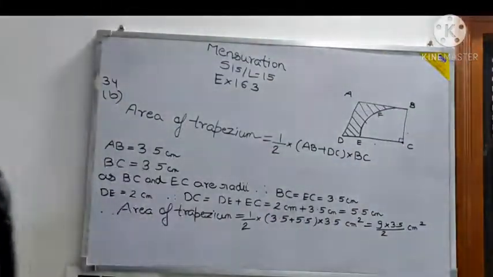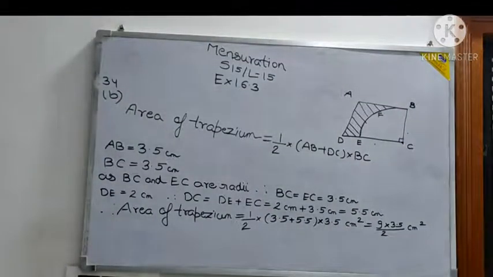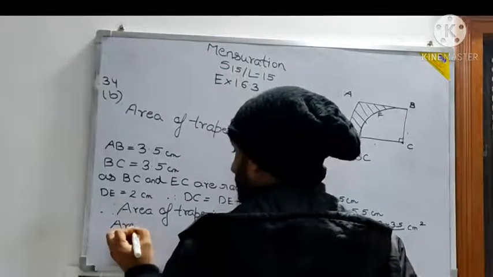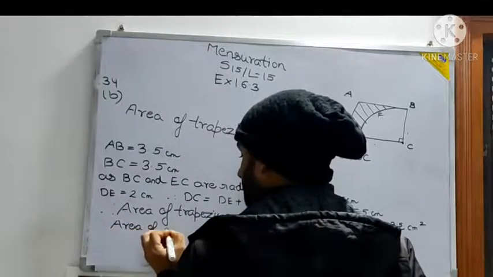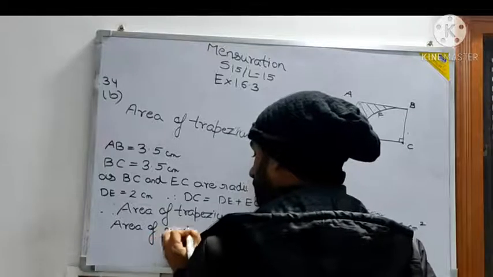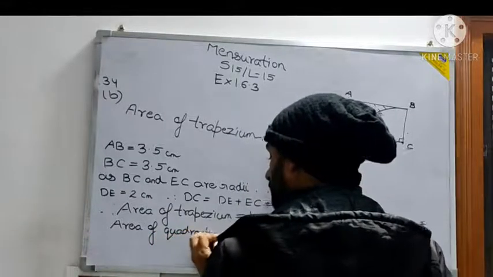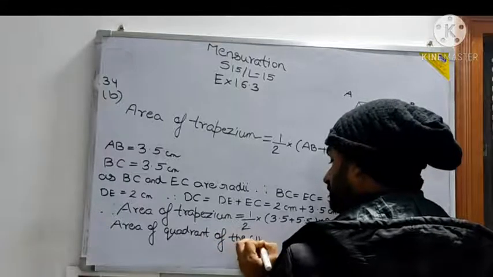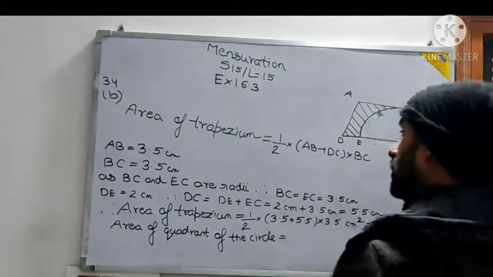Now see what the other thing that we do is, calculate the area of this quarter circle. So right here, area of quadrant of the circle. So what is the area of the quadrant?